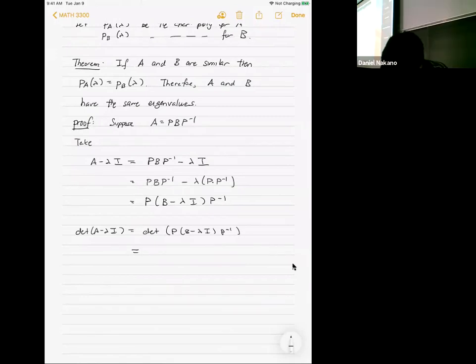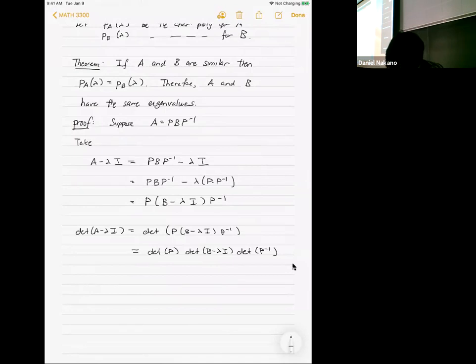Yes, very good. So that's the determinant of P times the determinant of B minus lambda I times the determinant of P inverse. And now you're allowed to switch the determinant of P inverse with the determinant of B minus lambda I, because they're just numbers.